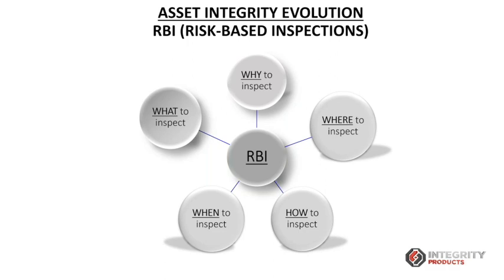How does this mindset work? We just need to know what we need to inspect. We are inspecting CUI, for example, and why? Because it's a bad actor. We don't want it in the system, and it can compromise these systems. Where can we inspect? Definitely the locations that are vulnerable to CUI, the locations of moisture ingress. When do we need to inspect that?